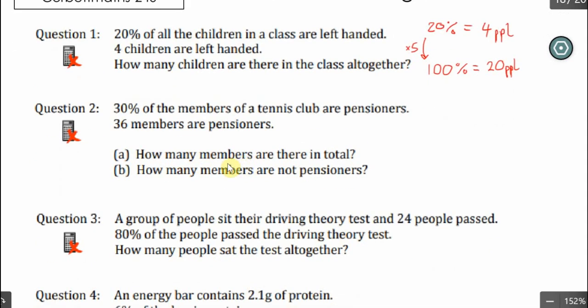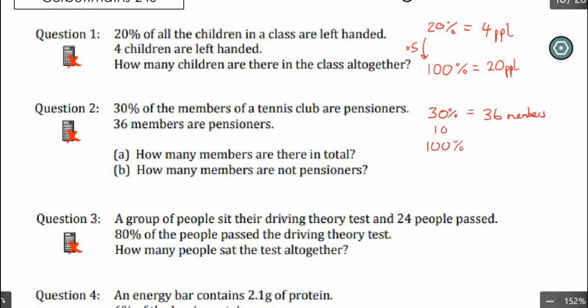30% of the members of a tennis club are pensioners. 36 members are pensioners. So we can just write that relationship. 30% is equal to 36 members. And sometimes you get a mark just for stating these things in an exam, that you've spotted that. How many members are there in total? So I need to figure out what 100% is.